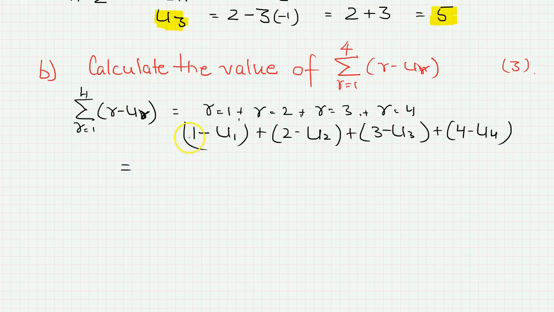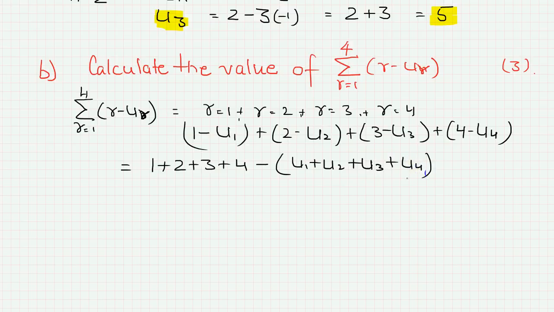So that is going to be 1 plus 2 plus 3 plus 4 minus, we have taken minus common, so we have u1 plus u2 plus u3 plus u4. Now in this question we have all the values, but we don't have the value of u4.